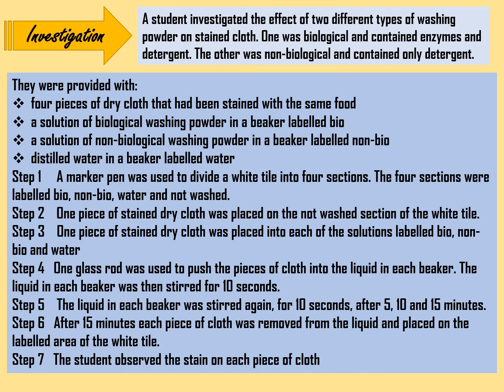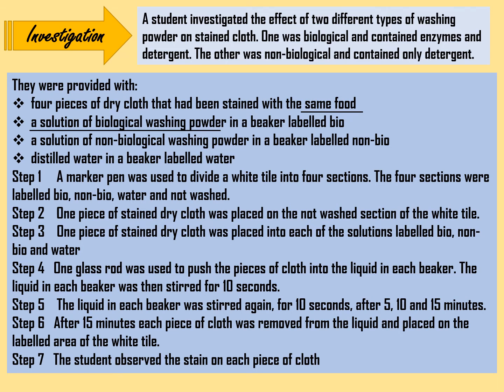For example, in this investigation, they were provided with 4 pieces of dry cloth that had been stained with the same food. Here, the same food is the constant variable. Second, a solution of biological washing powder is one variable which is changing.